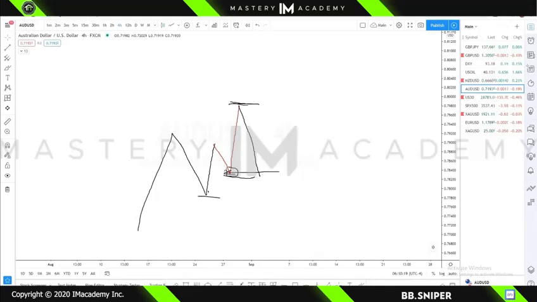So from here to here, this is external, right? But from here to here, it's internal, okay? So I hope this makes sense, right? This up here would be external liquidity, and we'd be looking to take that.